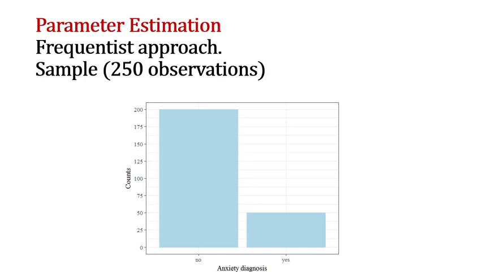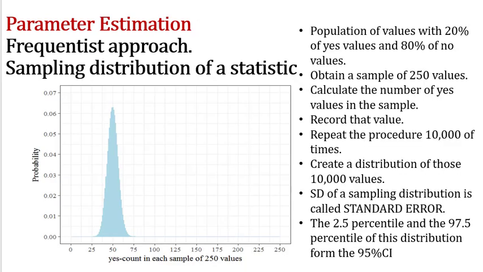So therefore we use proportions rather than the count. Okay, so we've got this sample, 250 people, and we've got 250 observations or values. 200 of those values are no, 50 are yes. Now, what we do is we have to construct a sampling distribution of the statistic, and let's call the statistic the yes count.